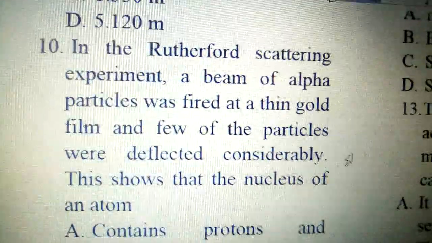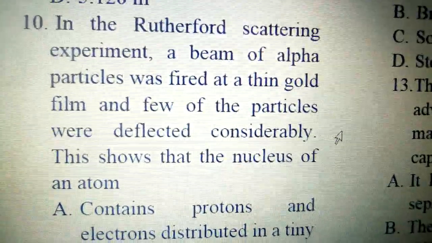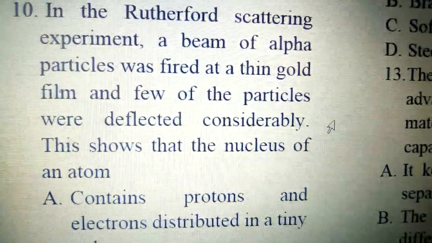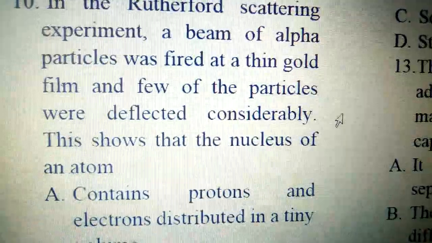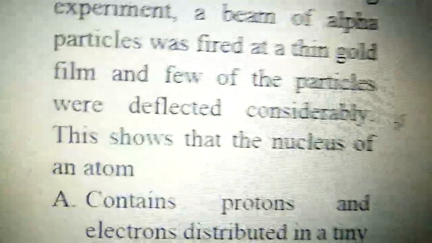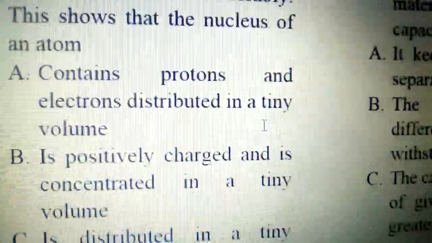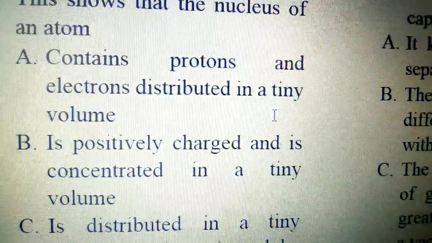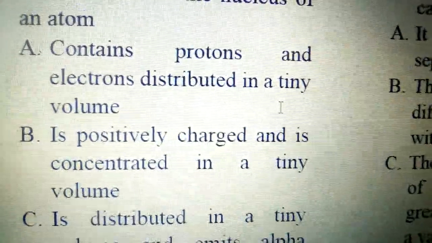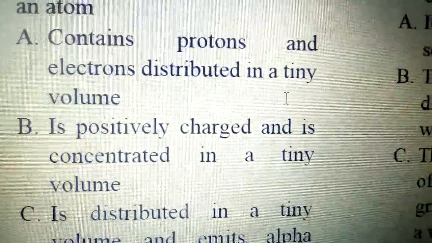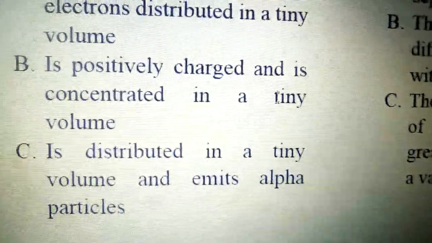Number 10, in Rutherford's scattering experiment, a beam of alpha particles was fired at a thin gold film, and a few of the particles were deflected considerably. This showed that the nucleus of an atom: A, contains protons and electrons distributed in a tiny volume. B, is positively charged and concentrated in a tiny volume. C, is distributed in a tiny volume and emits alpha particles.